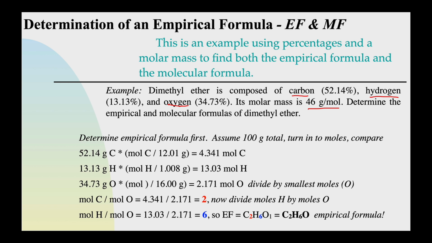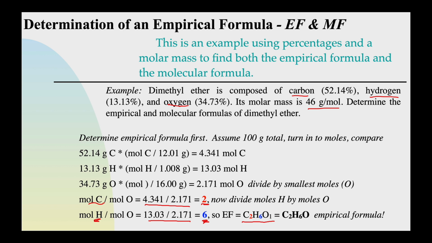When you do that, the carbon to oxygen ratio comes out to be 2, and the hydrogen to oxygen ratio comes out to be 6. You're going to have 6 hydrogens for every oxygen. The empirical formula then will be C2H6O1, or the empirical formula is just C2H6O.